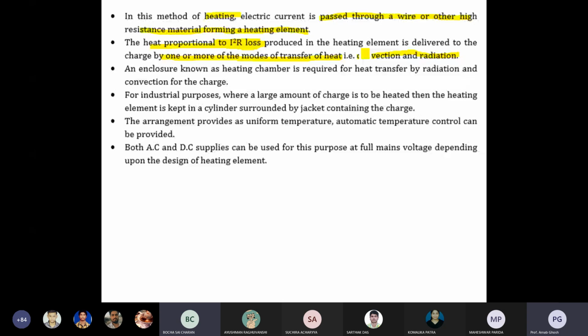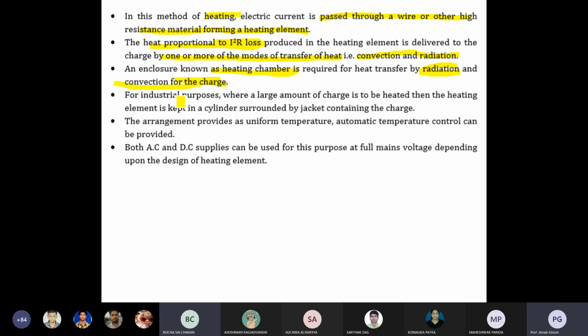Only these two methods are possible for indirect heating. An enclosure known as the heating chamber is required for heat transfer by radiation and convection to the charge.